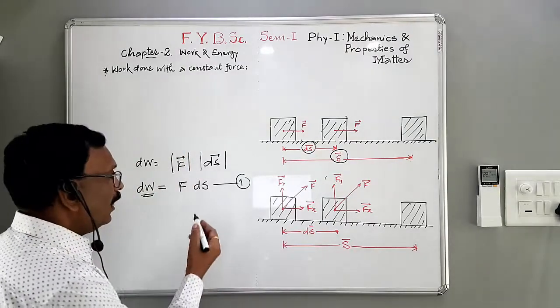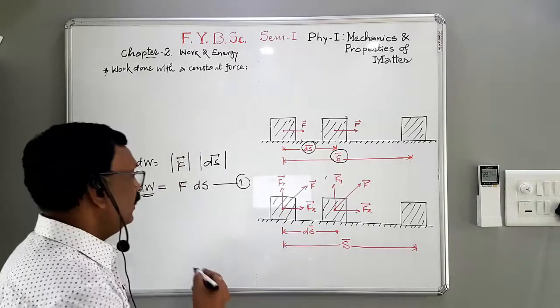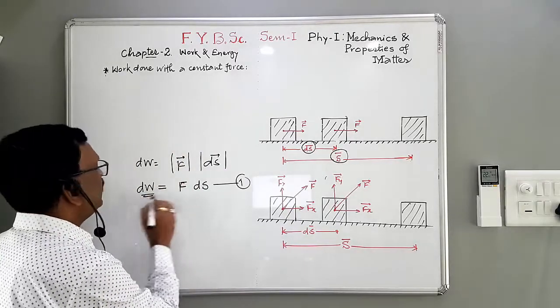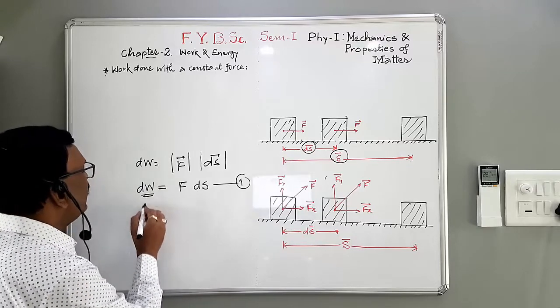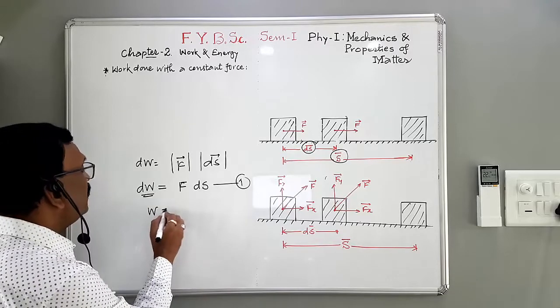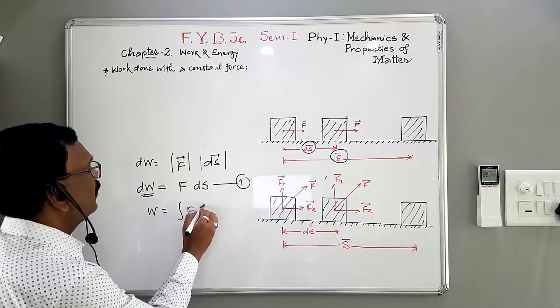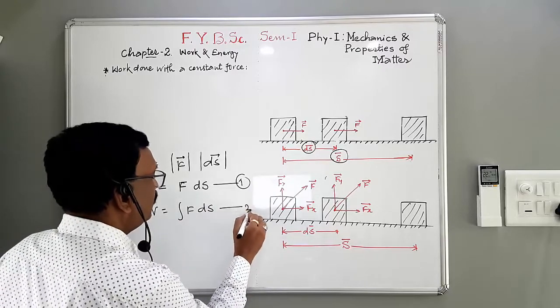So how can we obtain the total work done mathematically? For that purpose we integrate equation 1, and after integrating we get the integration of dW as W, and the integration of F ds. Suppose this is equation 2.